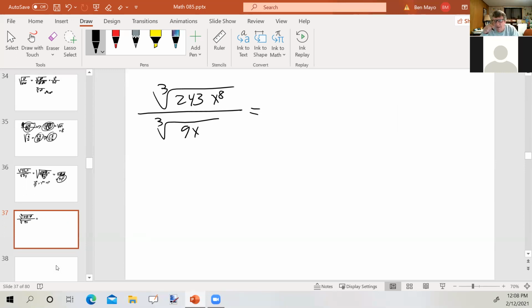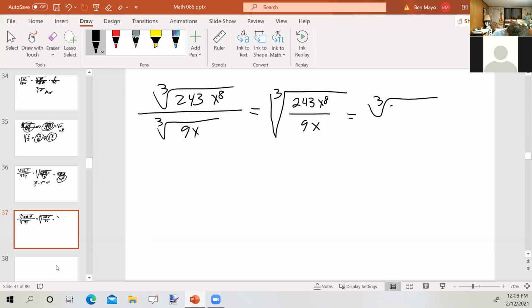Since the index on top and bottom are the same, I can write this as the cube root of 243 x to the 8th over 9x. Now the question is, does 9 go into 243 evenly? And I think it does. Let's see. 243 divided by 9 is 27. So this becomes the cube root of 27 x to the 8 minus 1, x to the 7th.